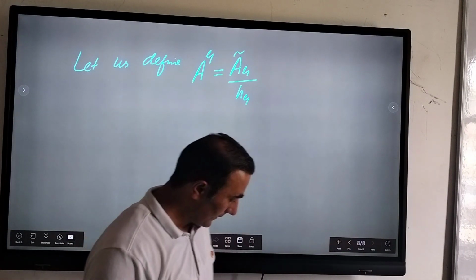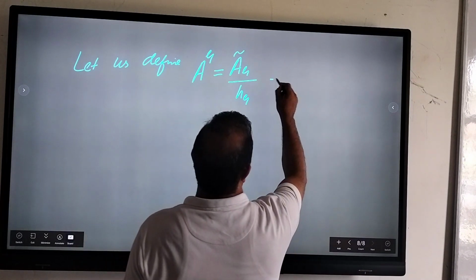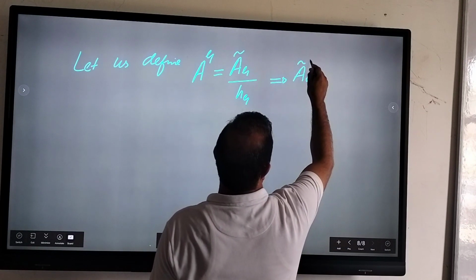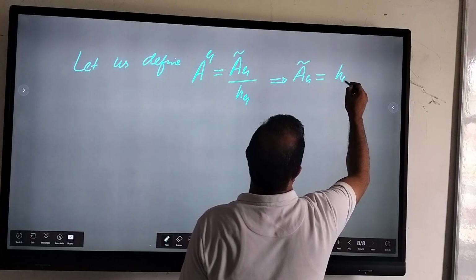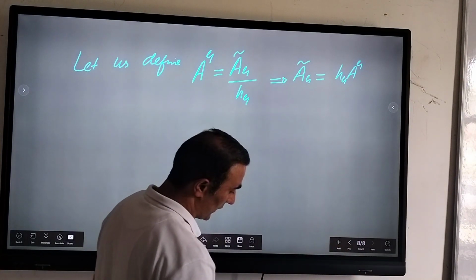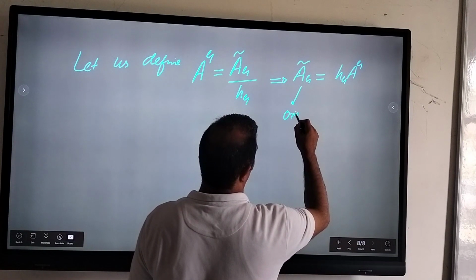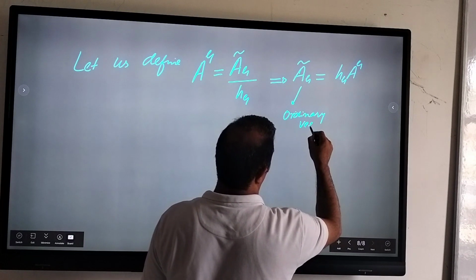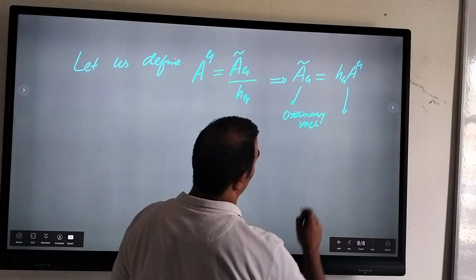So you can write that a mu will be, so this is an ordinary vector, and this is our contravariant vector.